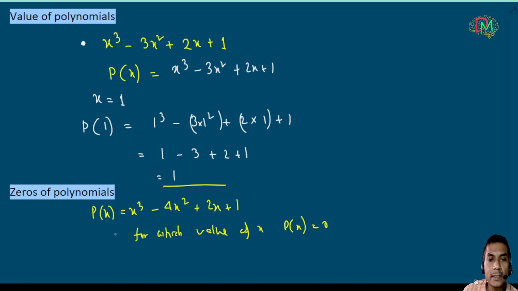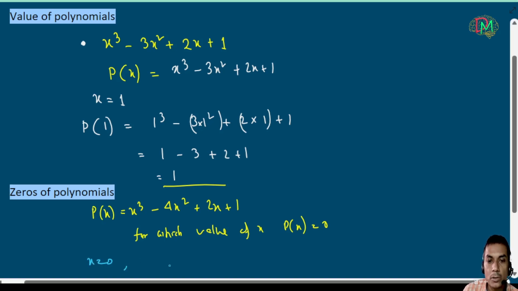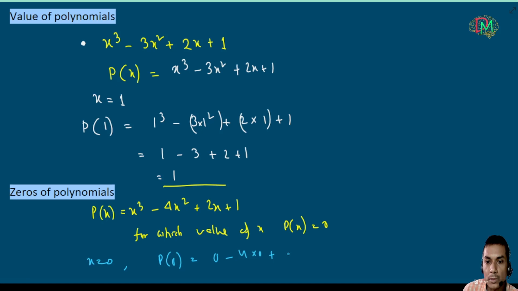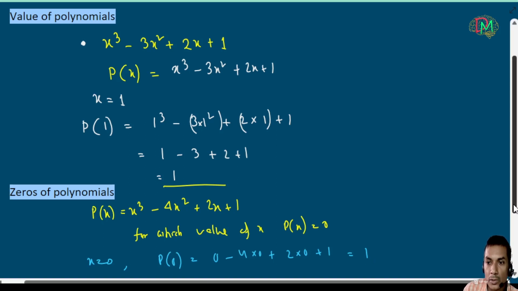Since x is a real number, we can put different values, but in every case we get a different value of the polynomial. For example, if we put x equal to 0, we get 0 minus 4 into 0 plus 2 into 0 plus 1, which is 1. So it is not 0.